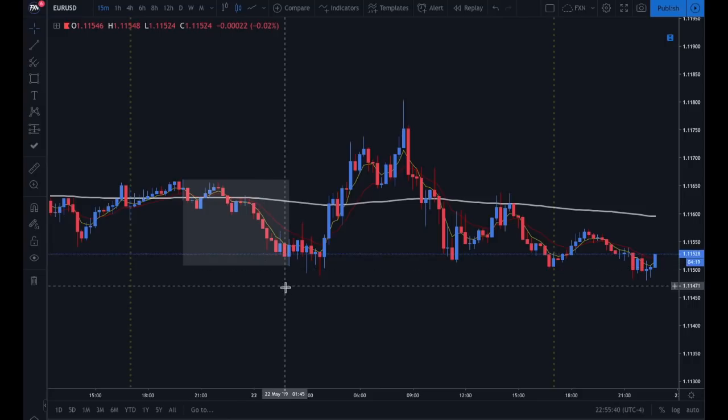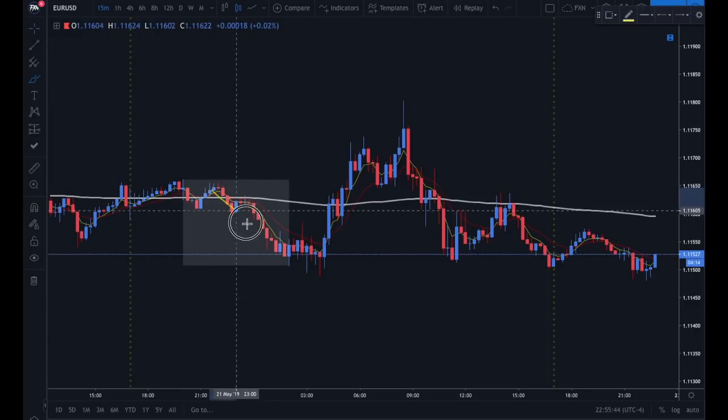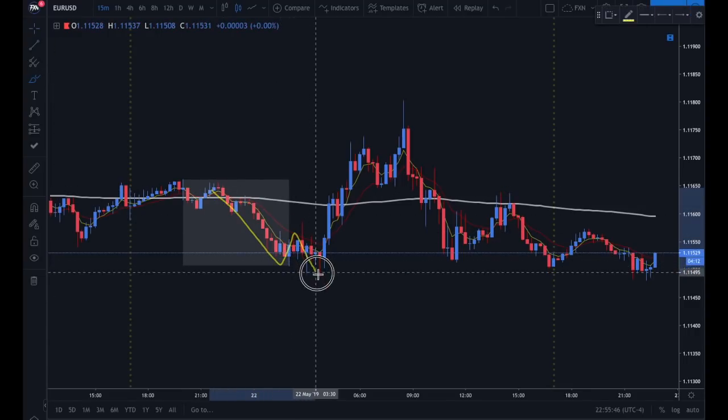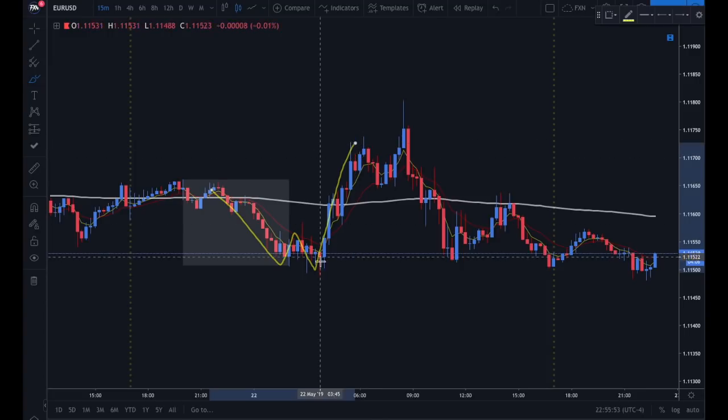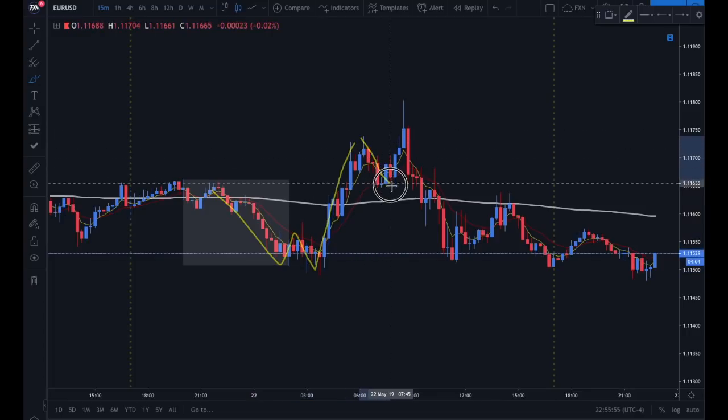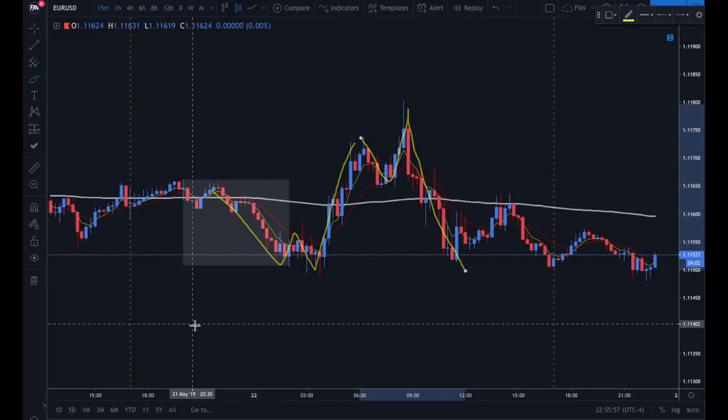So essentially what we end up getting is a move like this, but I think the most important thing is, check this out, once we get to that, we end up getting another move down.